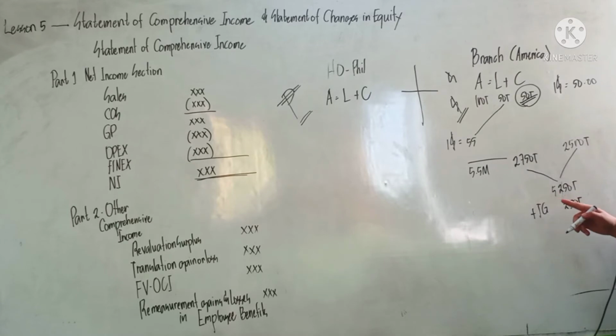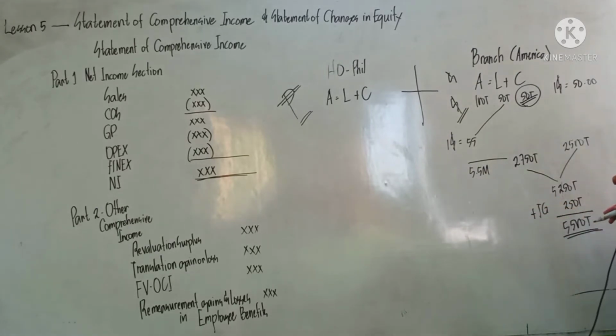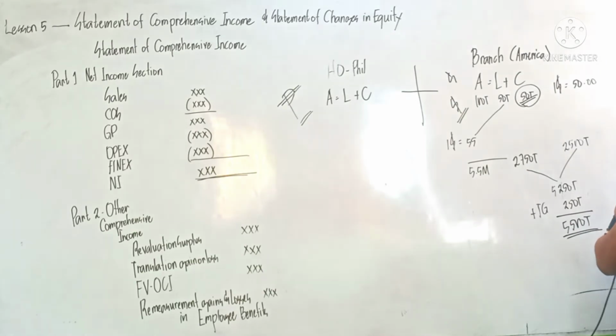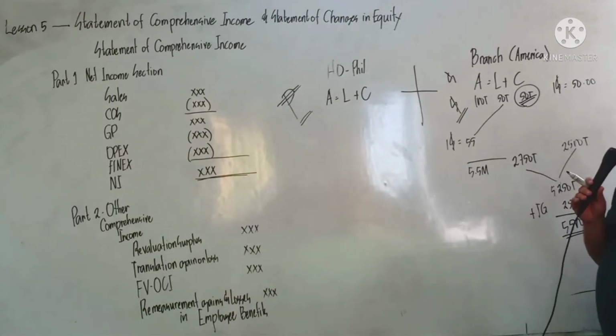So, that's the meaning of translation gain or loss. And this 250,000, in order for the L plus C to become 5.5, which is equivalent to the assets, will be recognized in the other comprehensive income. Okay? So, that's the nature of the translation gain or loss.